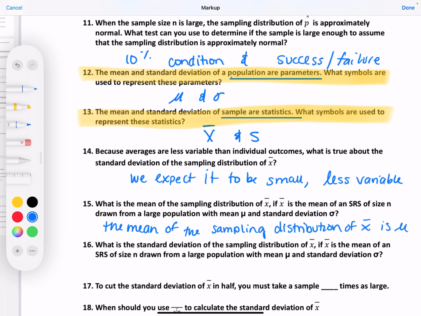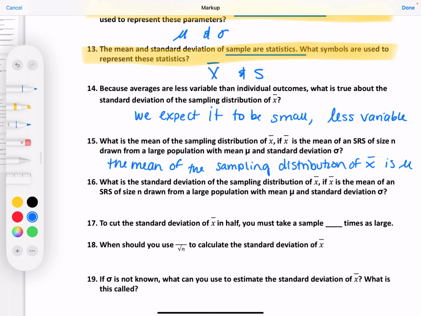And then the same thing, but for standard deviation. So 16. The standard deviation of the sampling distribution of X bar is sigma divided by the square root of n.